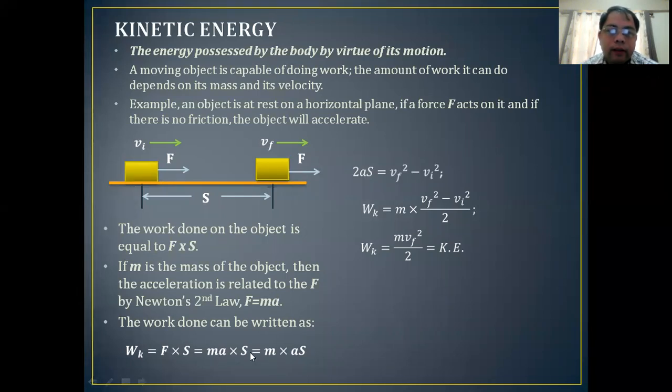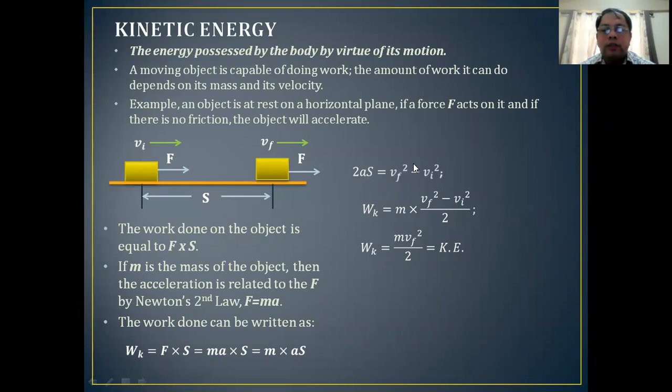Now, what we will see here is that if we group together acceleration and distance, we will have aS. And aS is very related to our equation before in our kinematics. So we were able to derive last time an equation which is 2aS, and 2aS is equal to vf squared minus vi squared. So vf and vi are our final and initial velocities.